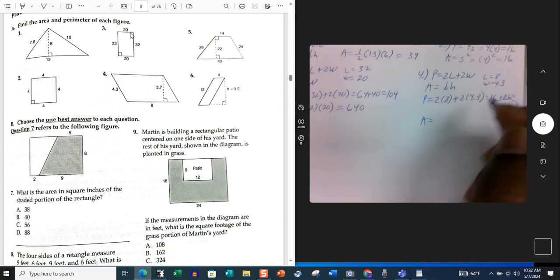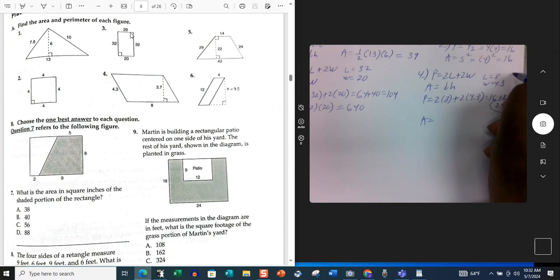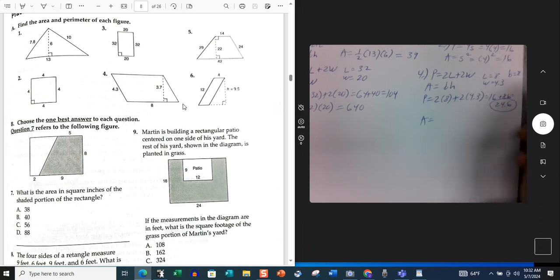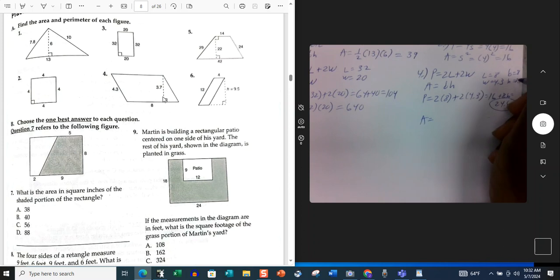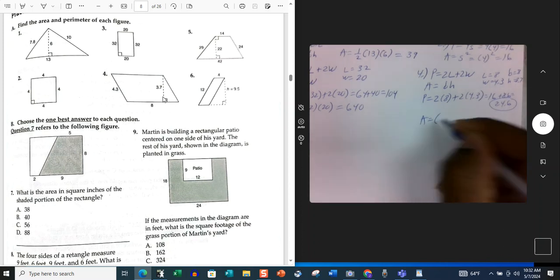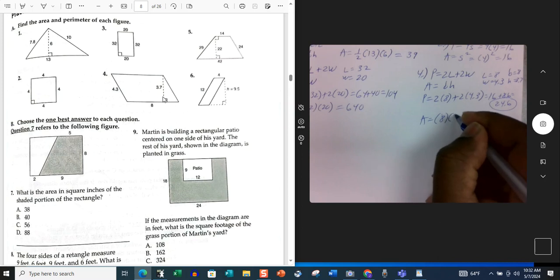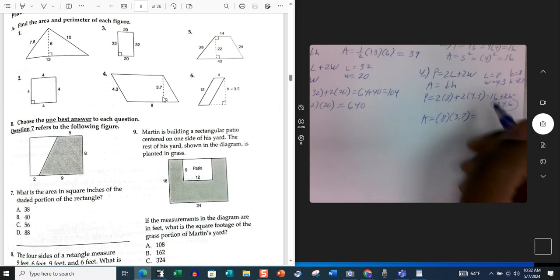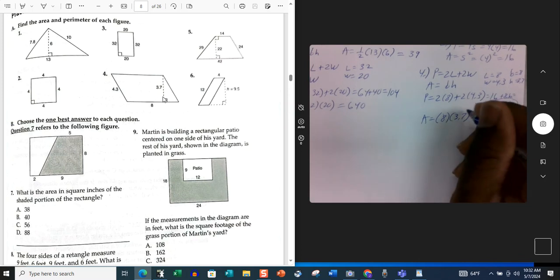Now the area. Now if we look here, the base here would be 8. And then the height, which is given here, is 3.7. So we have the base is 8 and the height is 3.7. So now we can multiply that. 8 times 7 is 56.